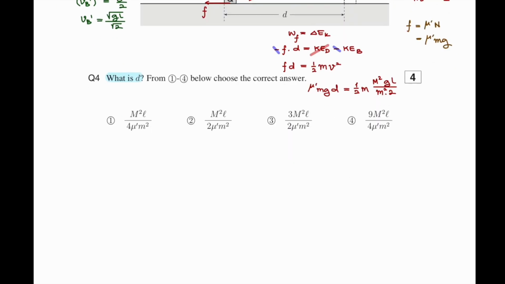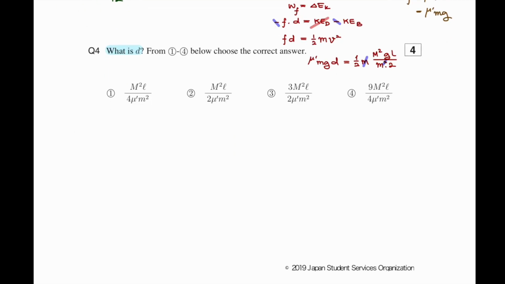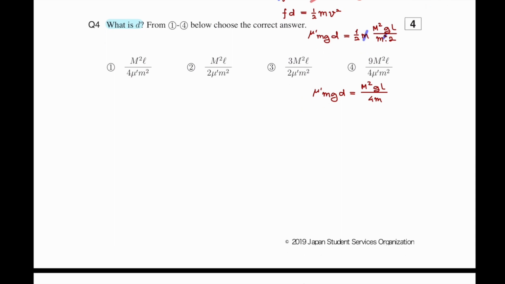And then if you simplify it, you can cancel out this small m here, and then I will get mu prime mgd is equals to m square gl over 4m, and then move all of these things to the other side, then I will get d.